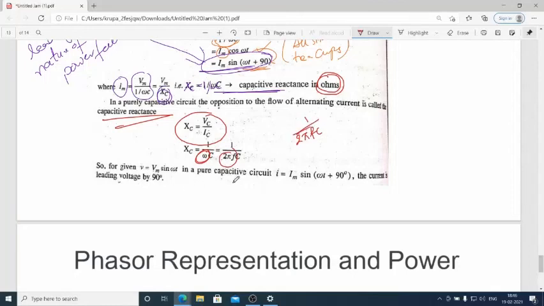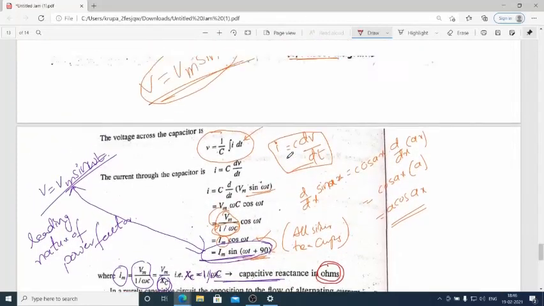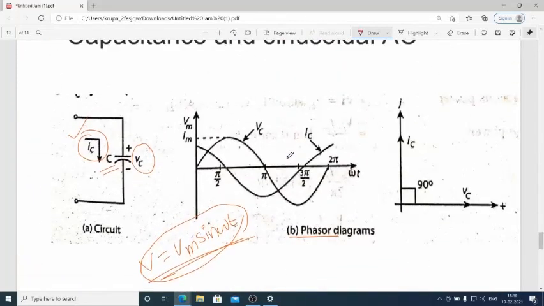In a pure capacitor, there is a phase difference between the voltage and current. The phase difference is 90 degrees. Moving on to the first slide, I am considering voltage as the reference. VC is the voltage across the capacitor.